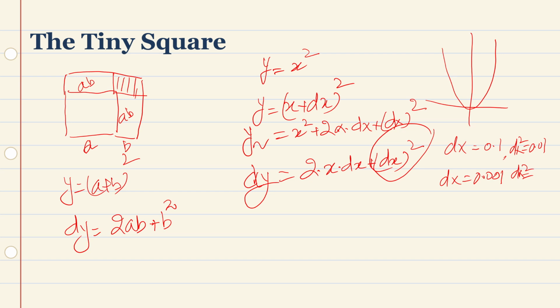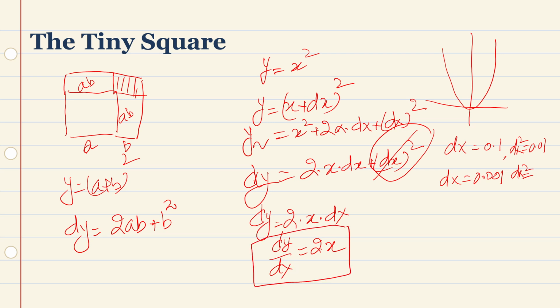So it reaches the point where you can say that it is insignificant, that dy is 2x dx. And if you rearrange this equation like you have done in algebra, this can be written as dy/dx is equal to 2x. And that is how you compute.